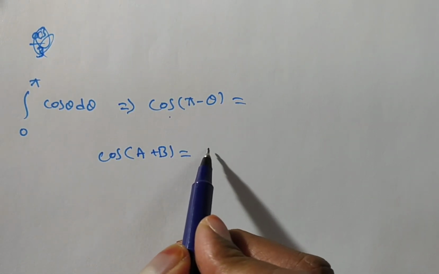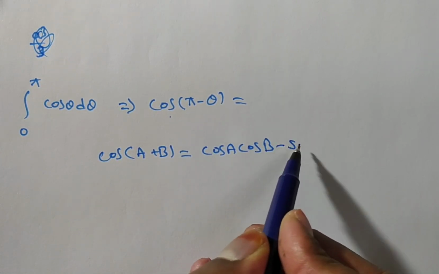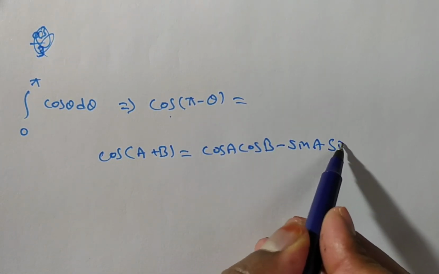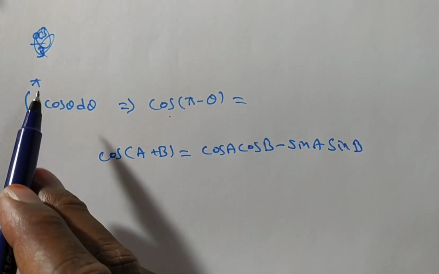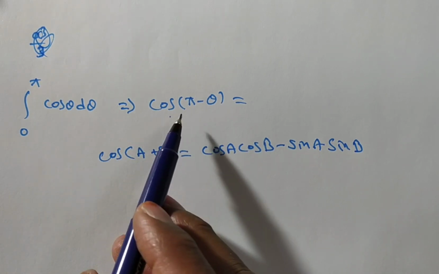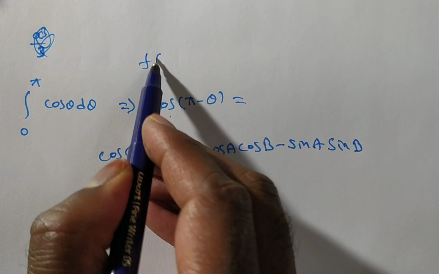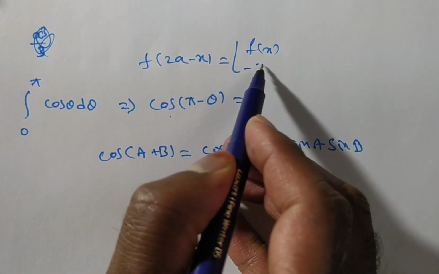The formula for cos of a plus b is cos a cos b minus sin a sin b. Here we are just verifying whether the integral 0 to 2a of f of x dx can be written in terms of f of x.